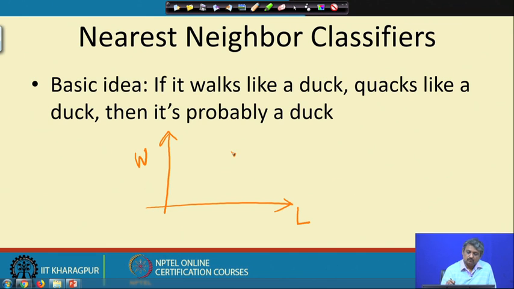So, if I look at the training examples, each of the tuna I represent by a cross point, Hilsa by a circle point, and shark maybe by a dash.